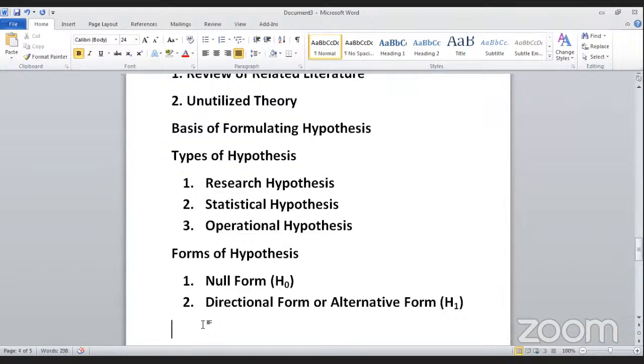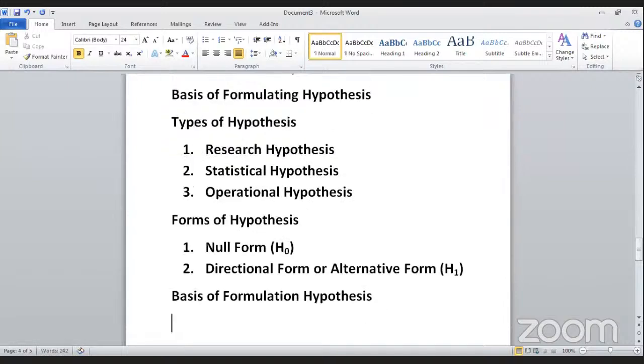And now I'm telling you the basis of formulating hypothesis. There are two bases of formulating hypothesis. One, just now I referred, review of related literature.